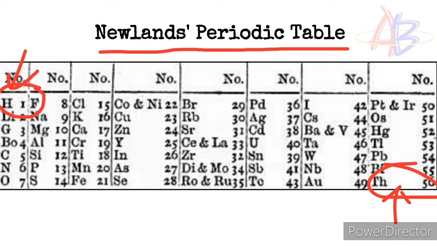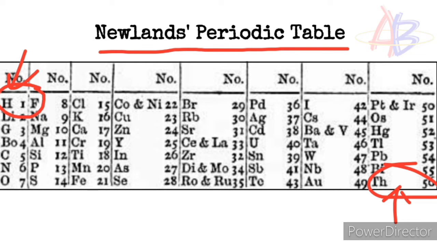But wait, are there 56 elements only in this periodic table? Just pause the video and count the number of elements. Are you done? Yes, you got it right. There are 62 elements in total.